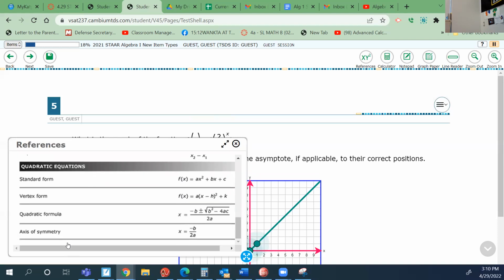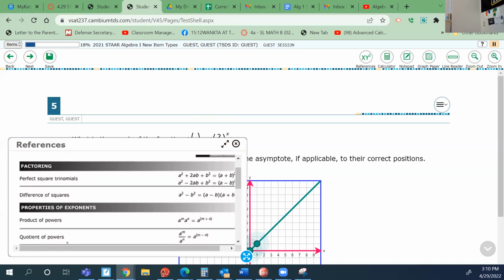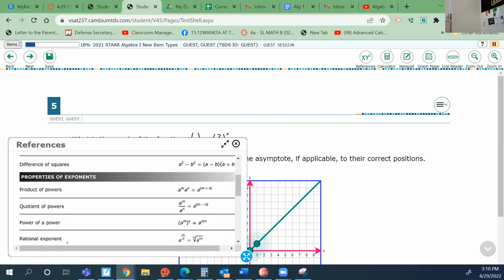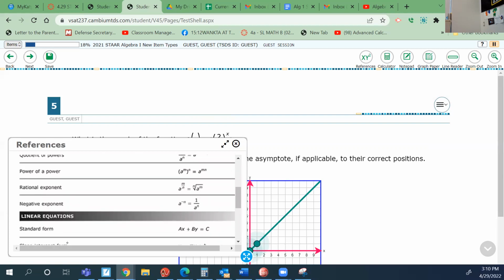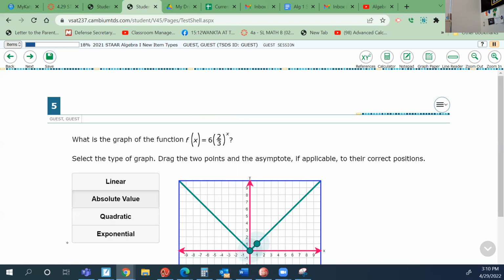It's not quadratic because the quadratic has a power of 2. We don't even have exponential there. So if it's not linear and it's not quadratic, then it has to be exponential. There you go, exponential.